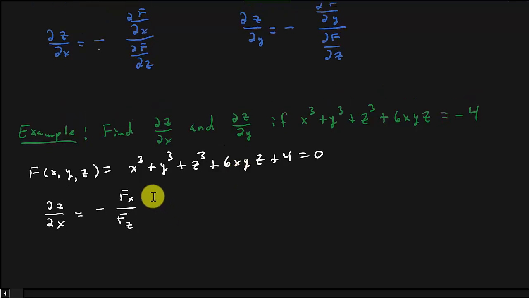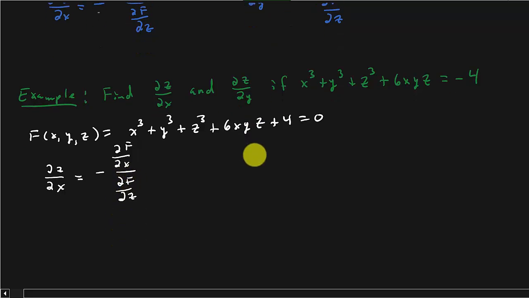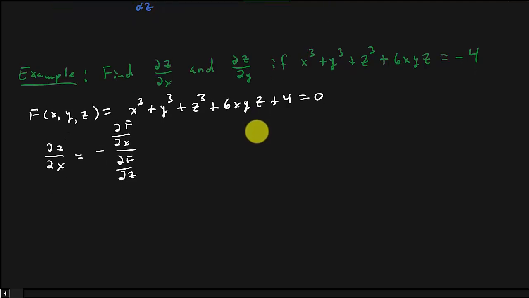If it makes you feel better, we can write it like this. All right, so let's find Fx. We're taking the partial of this with respect to x. So that's 3x squared plus 6yz.